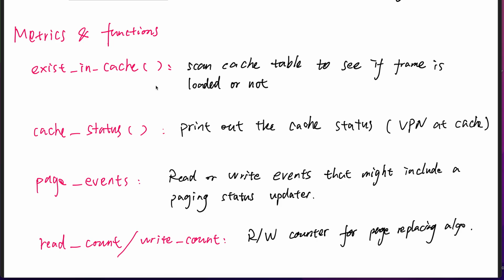The other one should be cache status. This is how I display all the status of the cache table. So I want to see what the virtual page numbers are inside the cache table, so I know which one is most recently acquired and which one is the previously acquired memory.